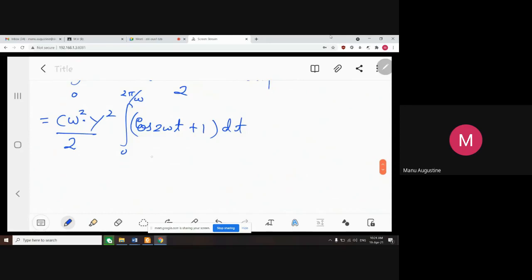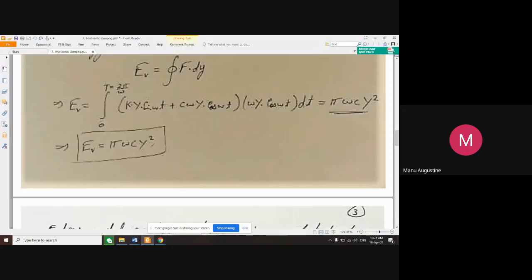I leave the integration of this entity, and eventually you will see, if you are able to perform the calculations correctly, then this expression should result in pi omega c y square. So this is what we had directly put over here, that the energy lost in viscous damping is pi omega c y square.